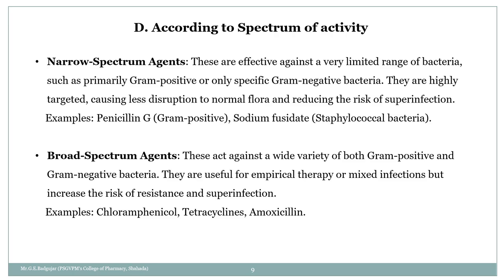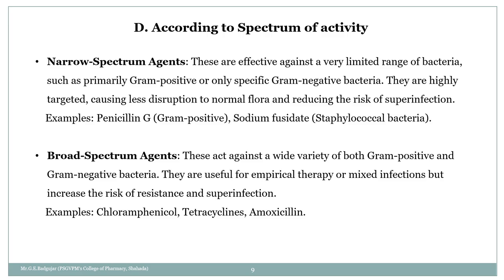We can also classify them according to the spectrum of activity, meaning the range of activity. There are two classes, narrow spectrum and broad spectrum. Narrow spectrum agents are those drugs which are effective against a very limited range of bacteria, such as primarily gram-positive or only specific gram-negative bacteria.